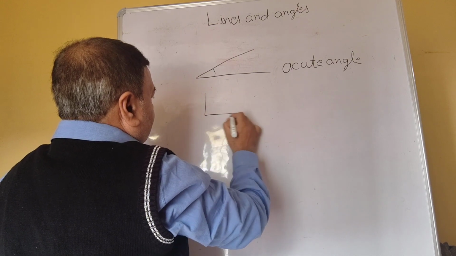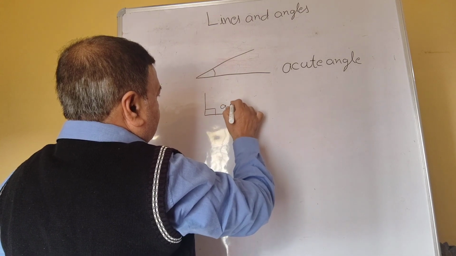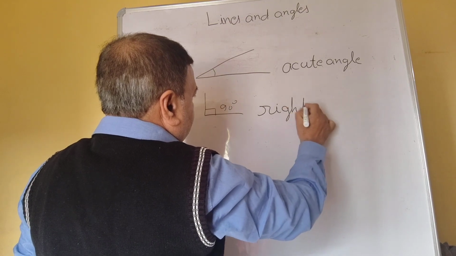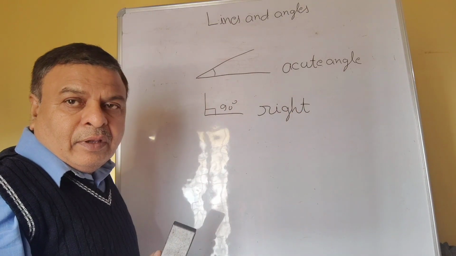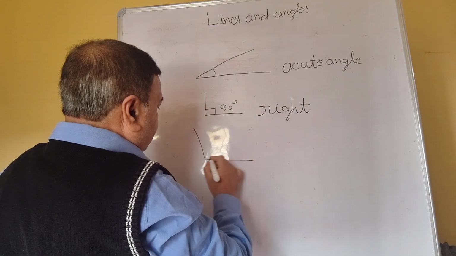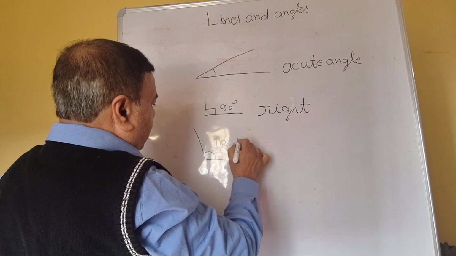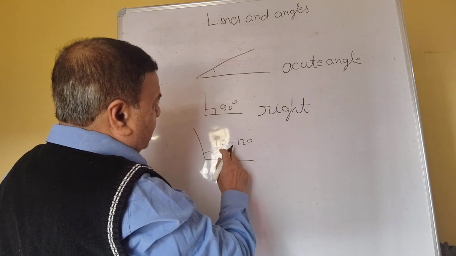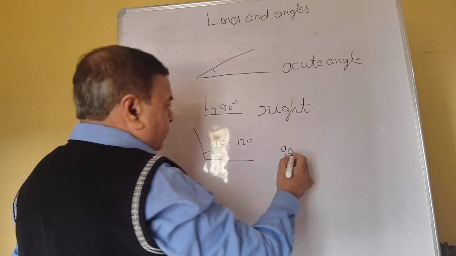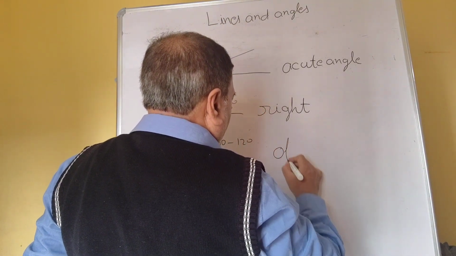If the angle is 90 degree, it's called a right angle. And if it is more than 90 degree, say this is 110 or 120, whatever it is, but it is bigger than 90 degree, it is called an obtuse angle.